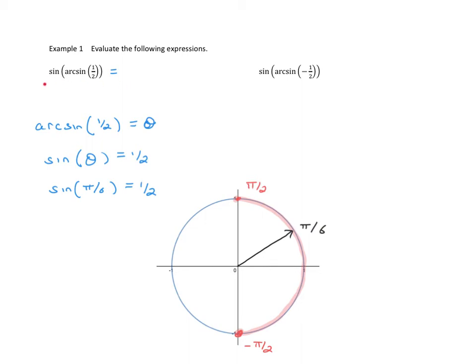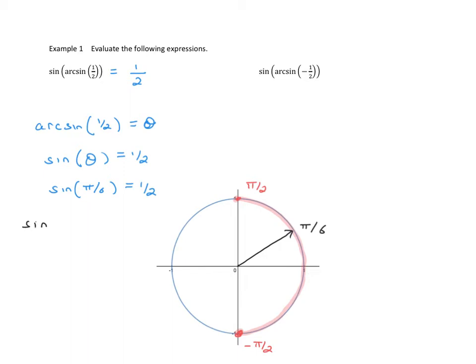What all this means is, well, first, arcsine of a half gives you the answer of pi over 6. But then sine of pi over 6 is going to take you back to a half. This verifies that the answer is definitely equal to a half. Let's write it out just to be really sure.